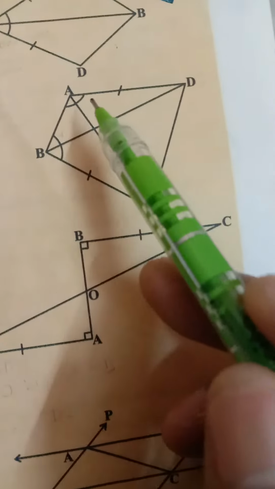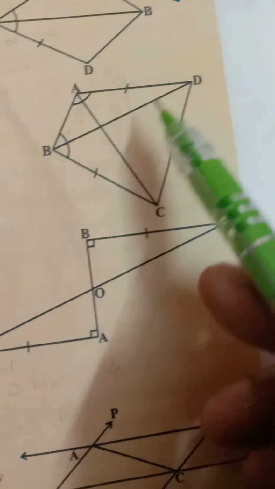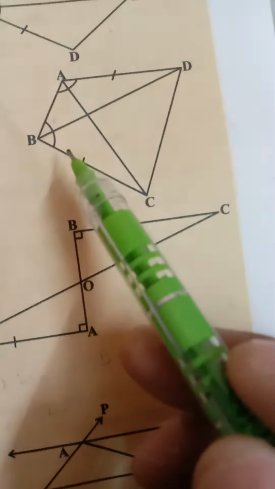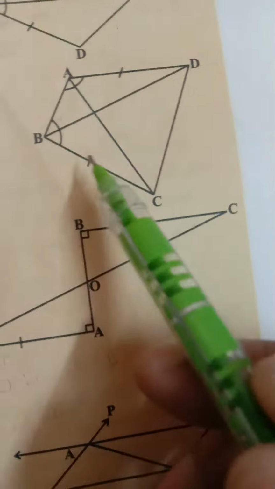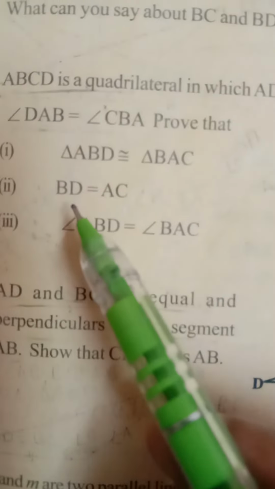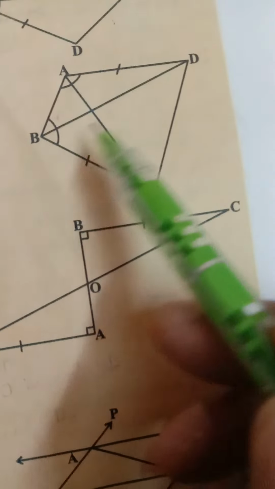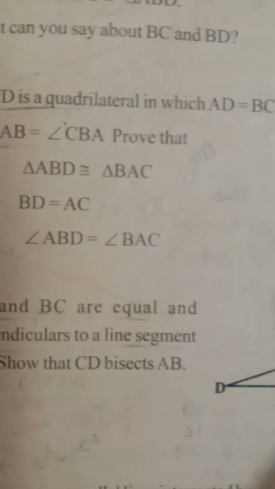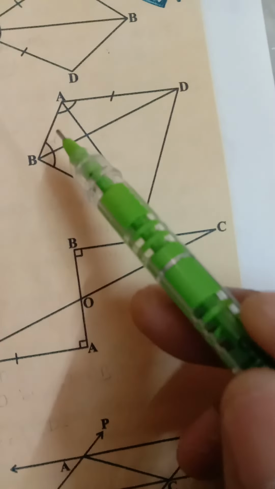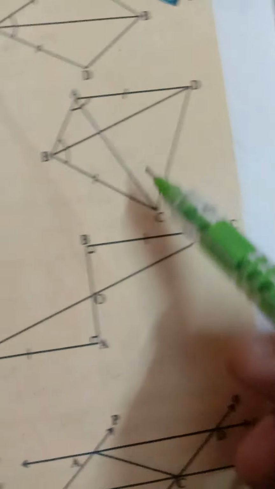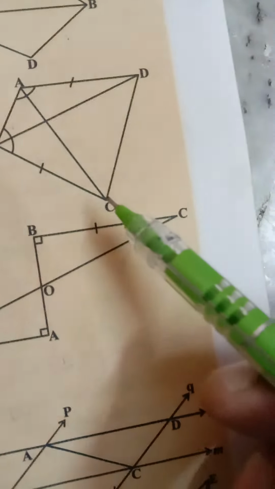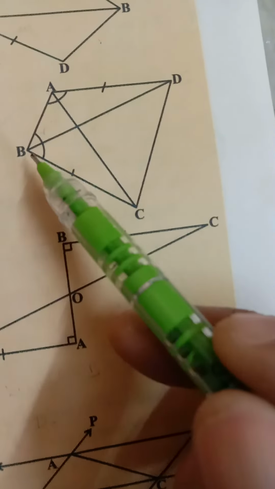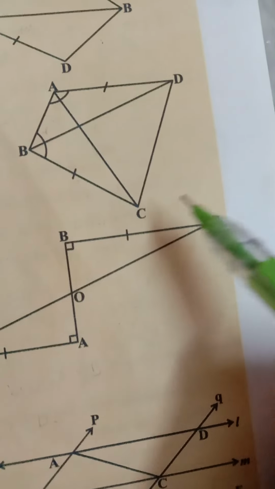Prove that triangle ABD is congruent to triangle BAC, and prove that BD is equal to AC and angle ABD is equal to angle BAC.